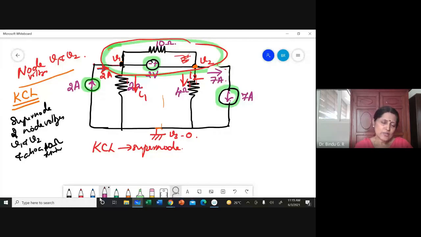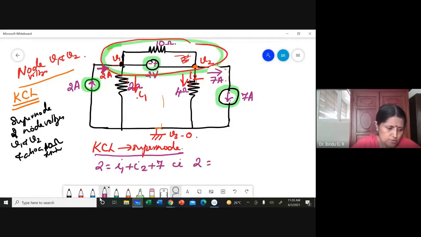The other was also an equally correct question, but I have written the answer for this. So applying KCL to the super node, 2 ampere is the only current going in. I1, I2 and 7 ampere are going out of the node. So 2 is equal to I1 plus I2 plus 7. What is I1?